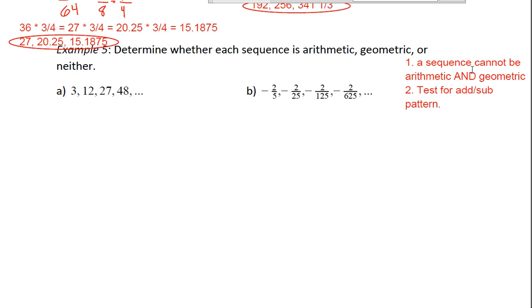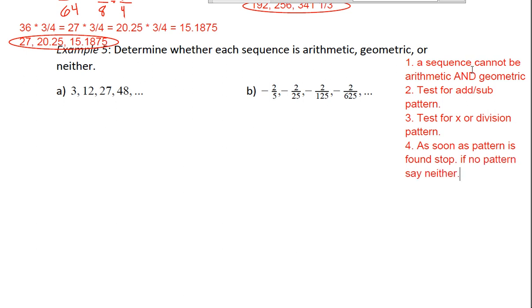If there's not a pattern there, then we have to test again for a multiplication or division pattern, and if there's nothing there, then we say neither. As soon as you find a pattern, you stop. If no pattern, say neither.